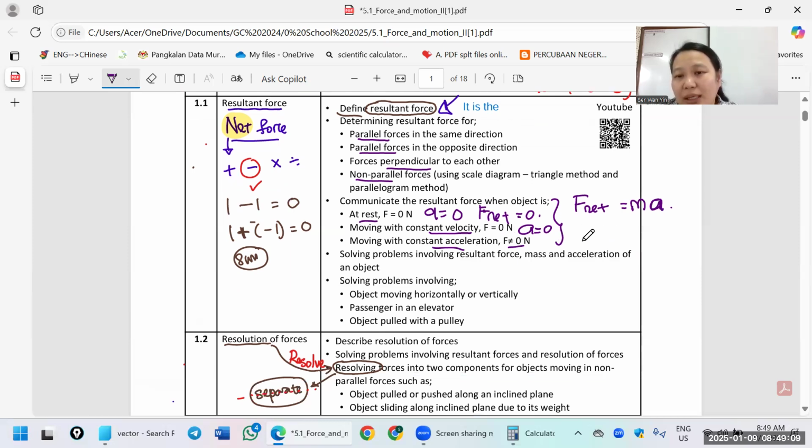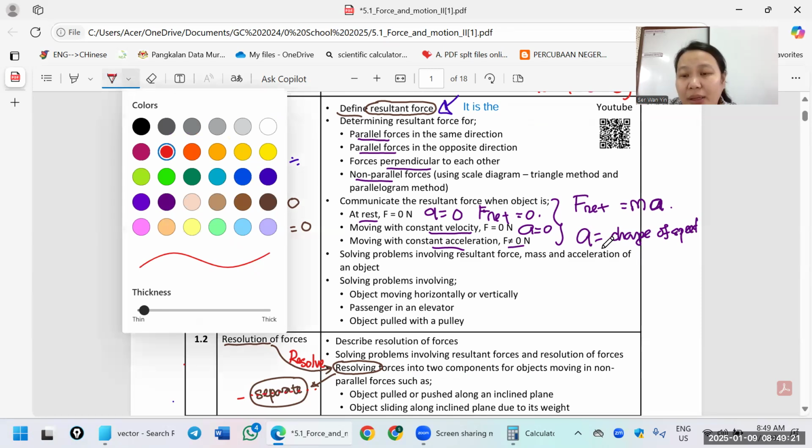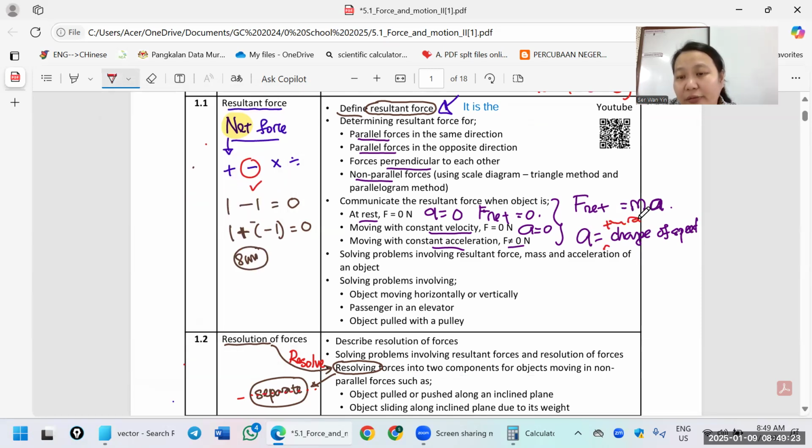What is the meaning of accelerate? Accelerate means there is a change of speed. But don't remember this, we remember the rate of change of speed.